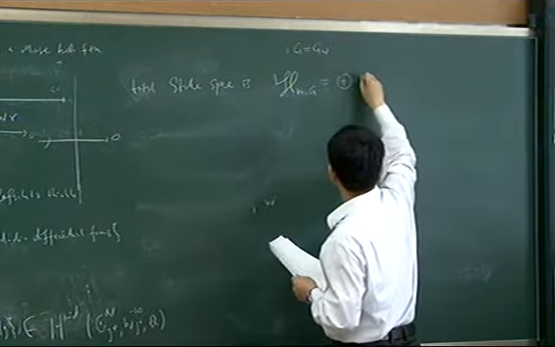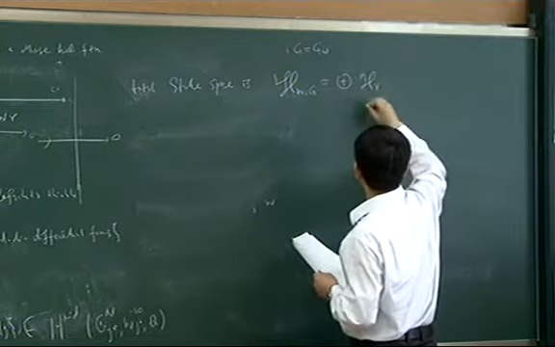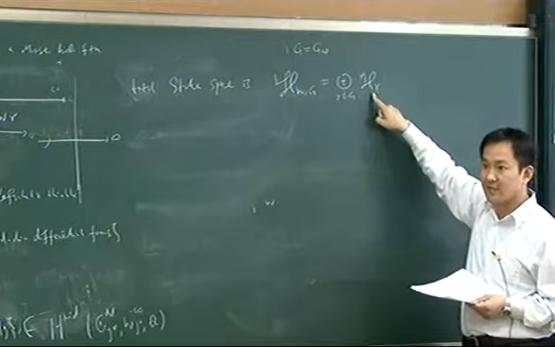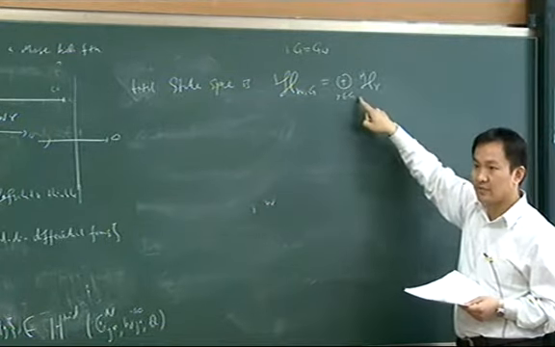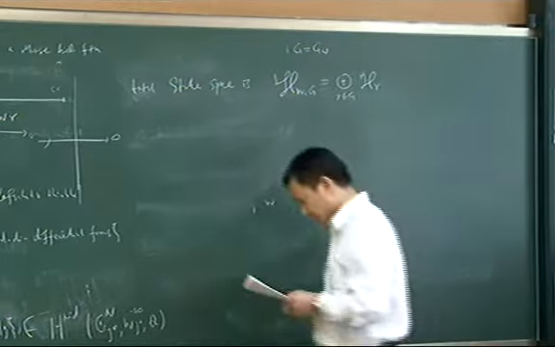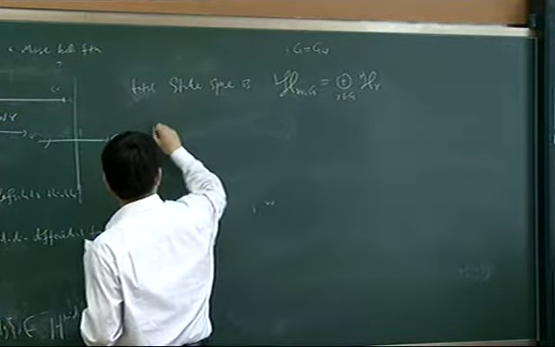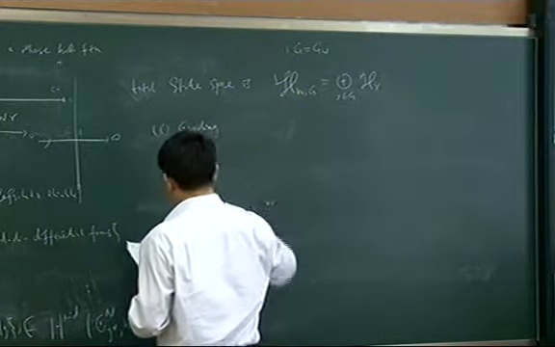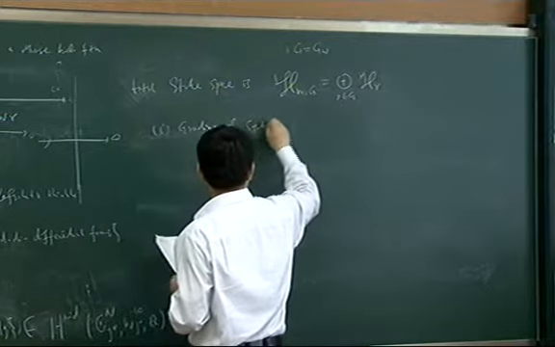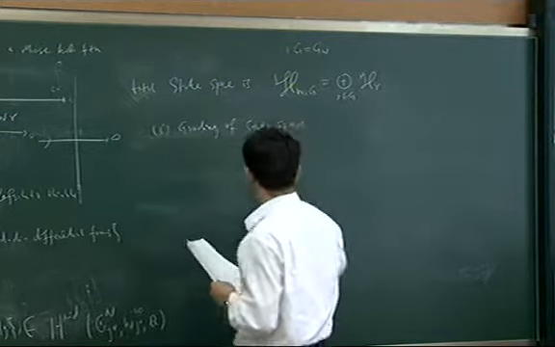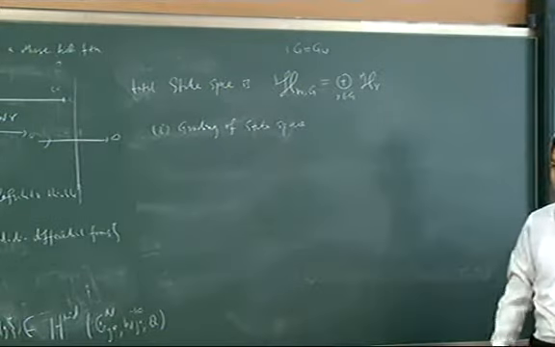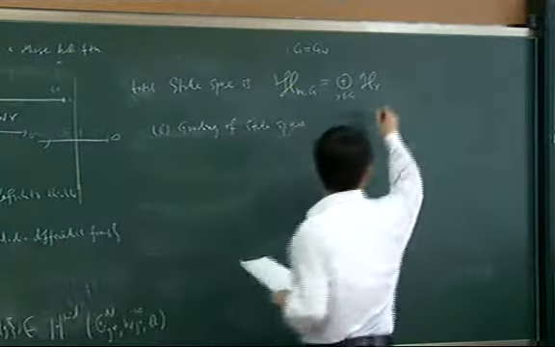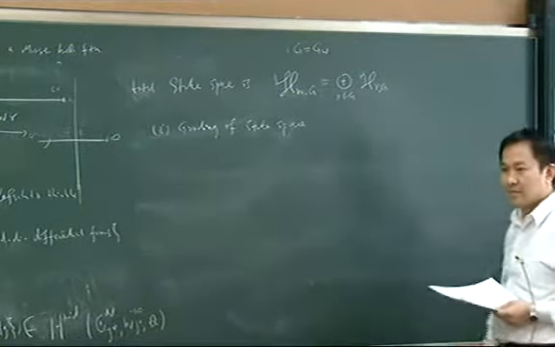So this is the sum of all the gamma sectors. This is the reason why this is called orbifoldizing. So it is an orbifold by this finite group. This is the state space. And then we have the grading.